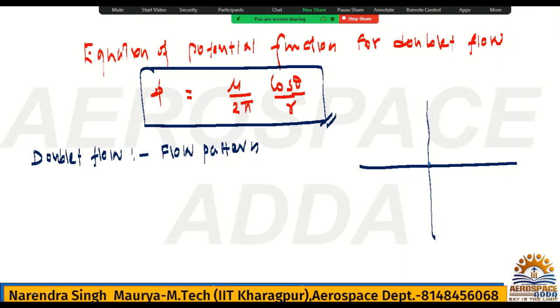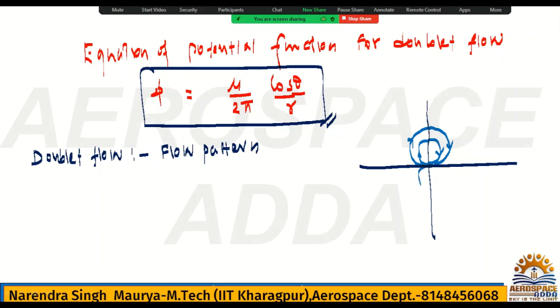If source is originating the flow like this, the sink will be absorbing the flow like this. Again, if source is originating the flow, the sink will be absorbing the flow.